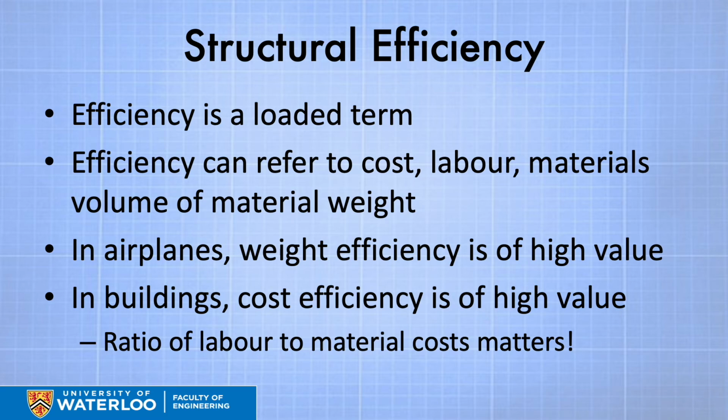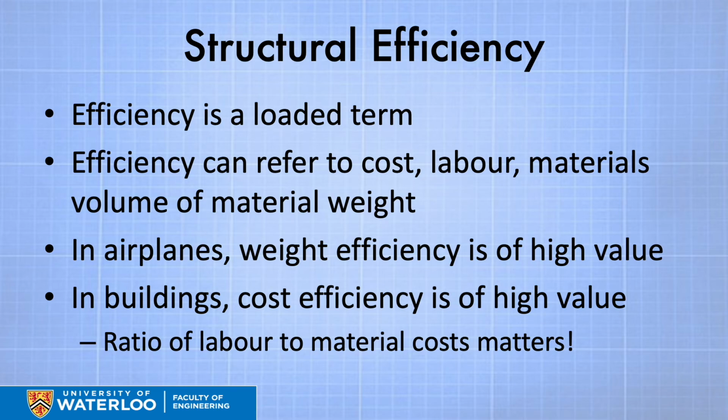So for example, efficiency in a structure might refer to the lowest cost system. That's a very common concern in buildings. When it comes to things like airplanes, they're very concerned about the finished weight of the structure.